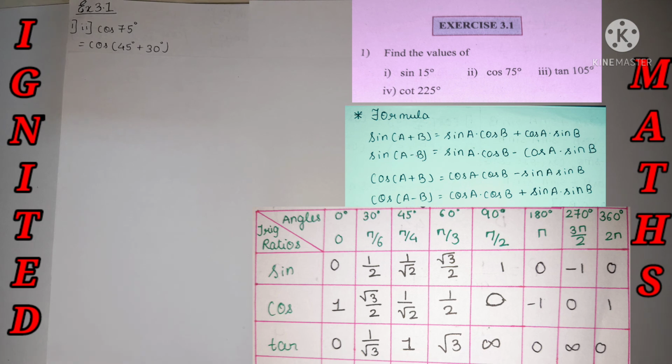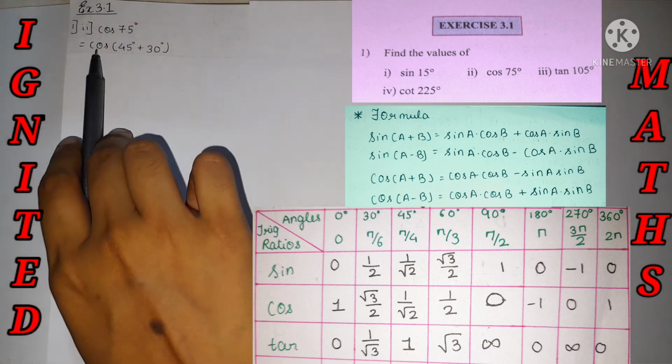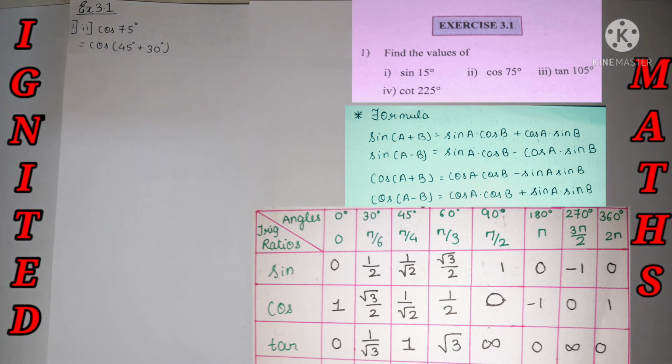Because according to the trigonometric tables, we have the values of 45 degree, 30 degree, 60 degree and 90 degree, so we take a relation with such angles. 45 plus 30 is equal to 75. Yes, 65 plus 10 is also 75, but we don't know the values of 65 degree and 10 degree. So let's take 45 degree, 30 degree, 60 degree in such a way that we get the values from the trigonometric tables.